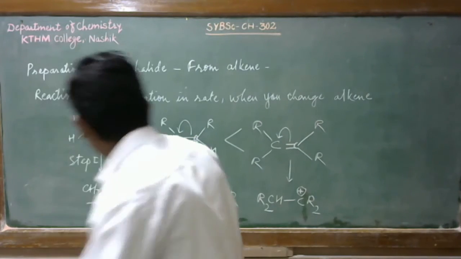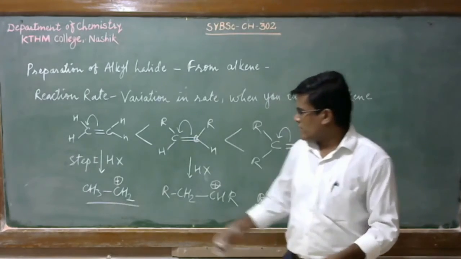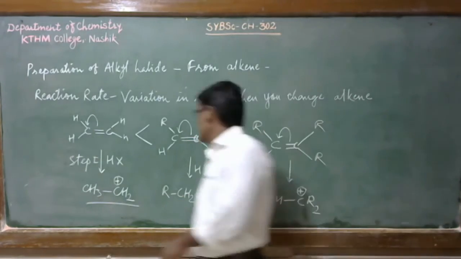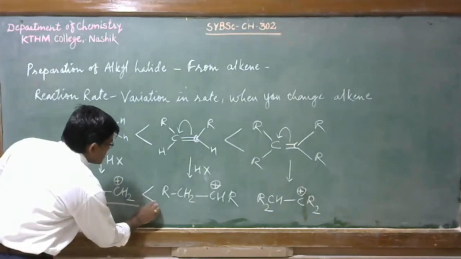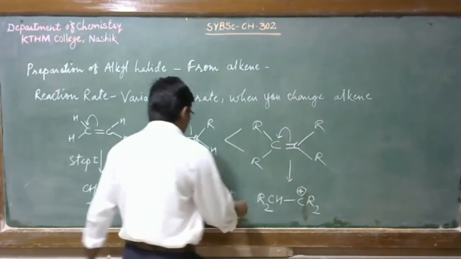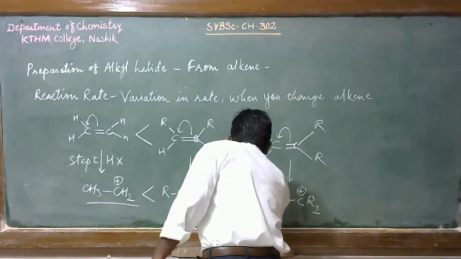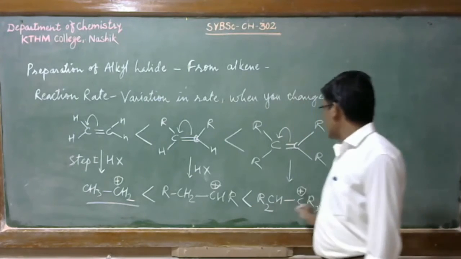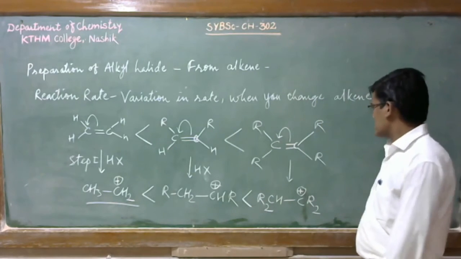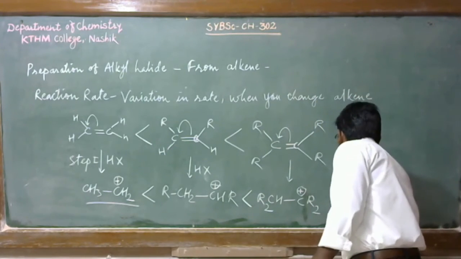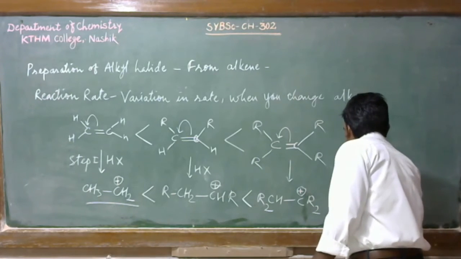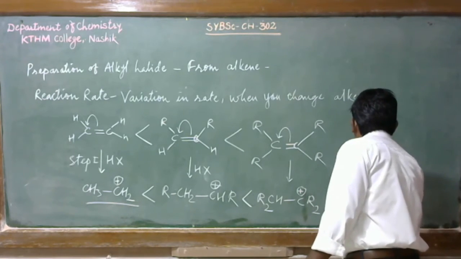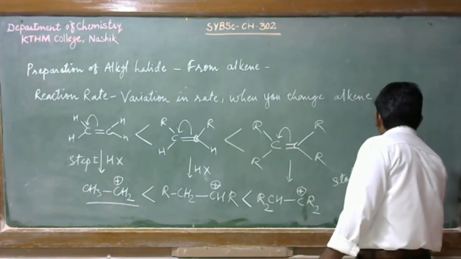So we know this primary carbocation is less stable than the secondary carbocation, and the secondary carbocation is less stable than this tertiary carbocation. So stability increases.